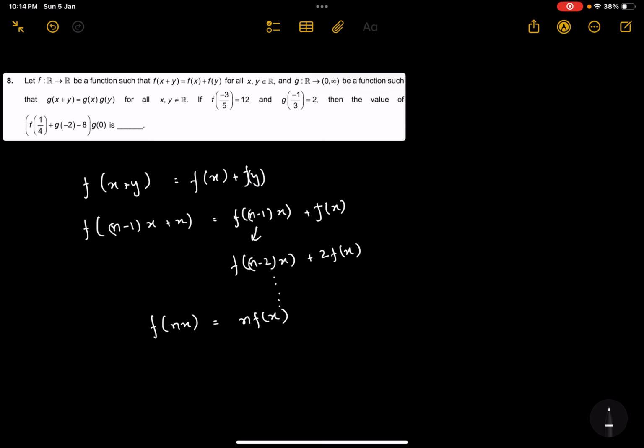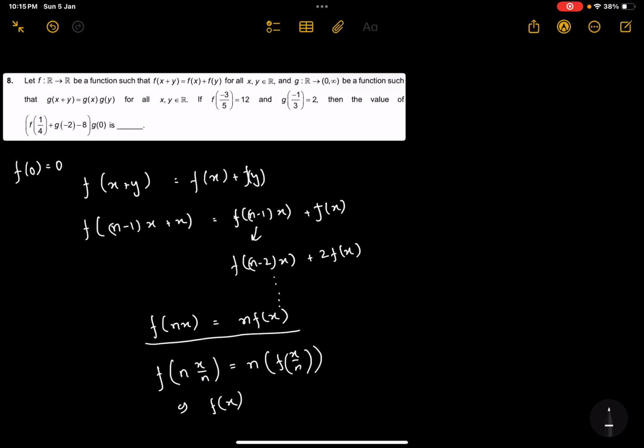Setting x and y as 0, we get f(0) equals to 2f(0), which means f(0) is 0. We have this result where n is a natural number, obviously. And replacing x by x by n, we get f(x) = n f(x/n), which gives us f(x/n).